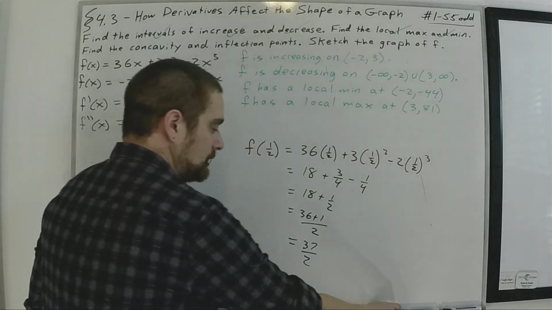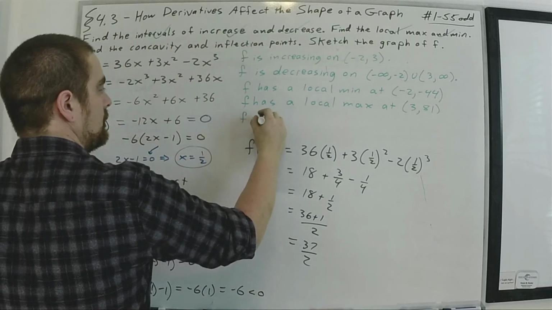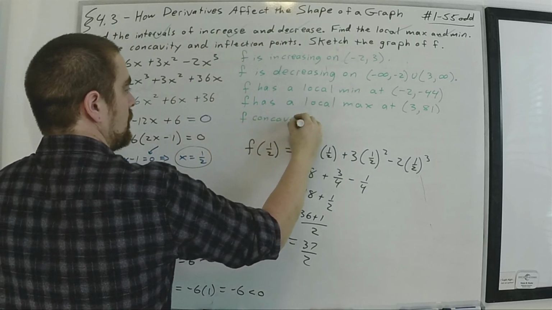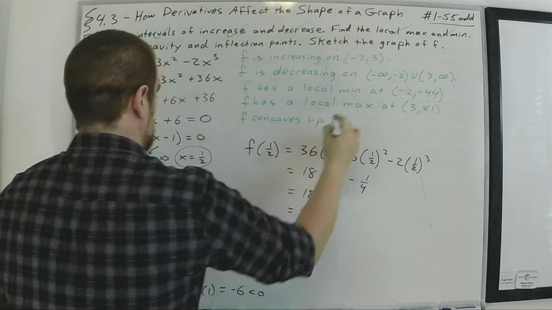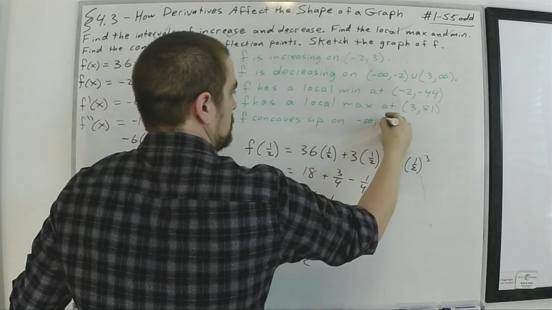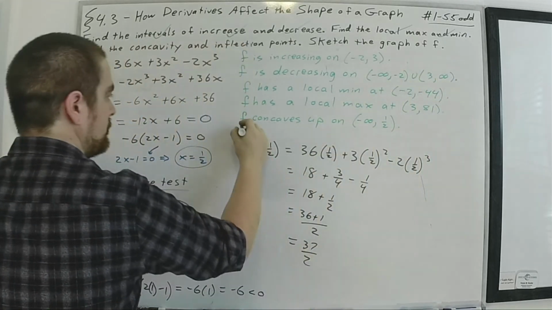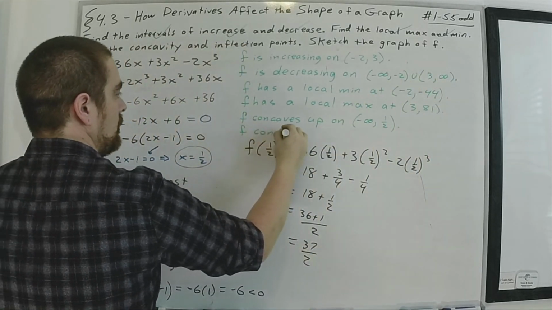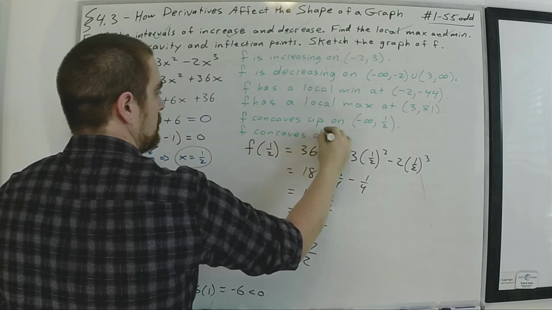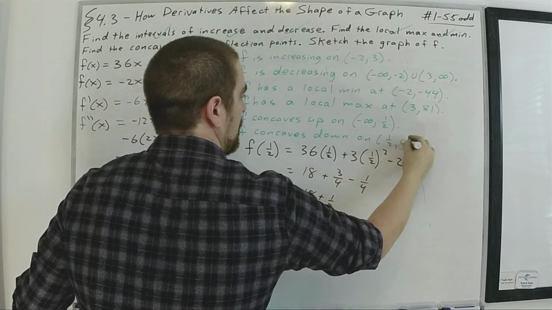So, summarize it up. F concaves up on negative infinity to 1/2. F concaves down on 1/2 out to infinity.